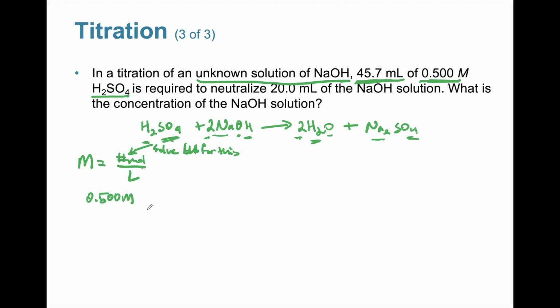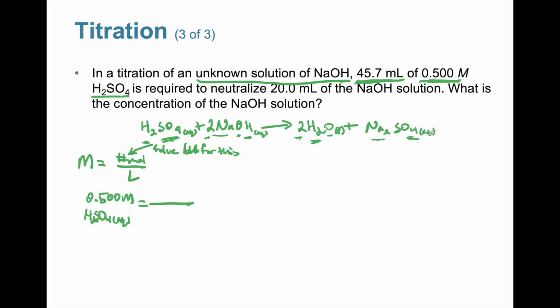0.500 molar of the sulfuric acid equals, I better put that down there so we don't get confused. Sulfuric acid, AQ. Oh, I always forget that. Don't forget the AQs. This is just water, which is a liquid, and then this is AQ.